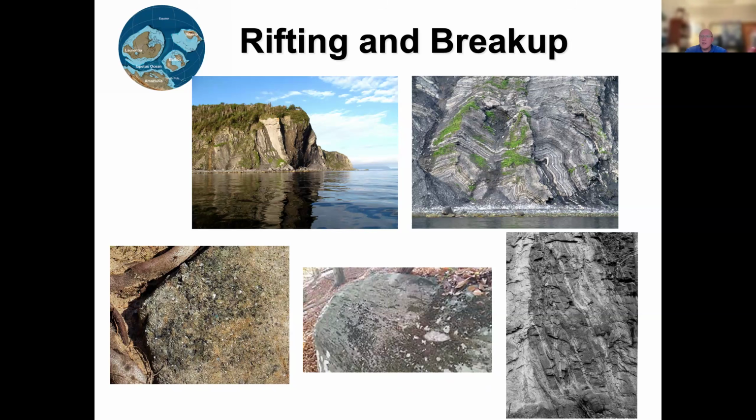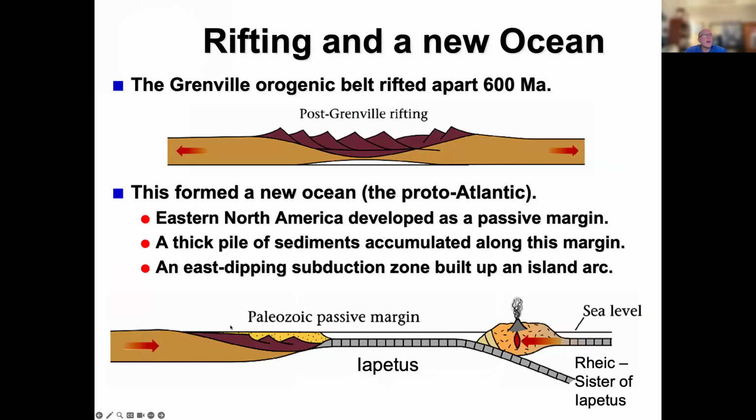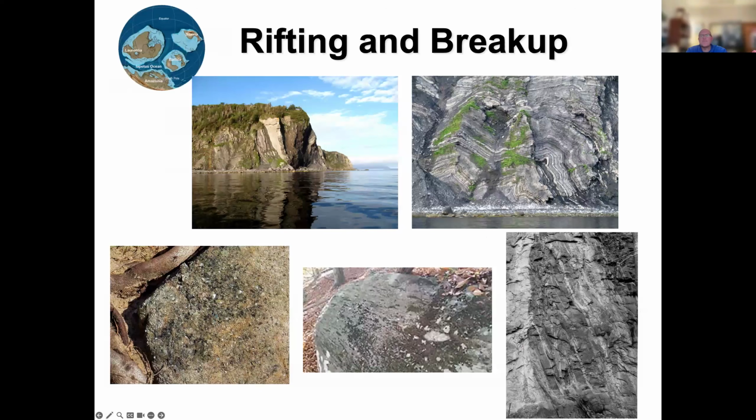And that rift eventually became the Iapetus Ocean, and it's marked by ancient sandstones that formed along, see where the word Paleozoic is, the Paleozoic passive margin. Those sediments below there are the eroded remnants of the former Grenvillian Mountains. Okay, so is there evidence for those rocks?